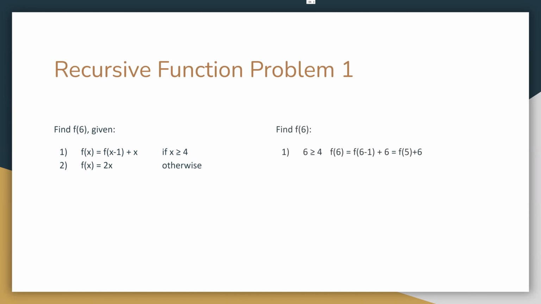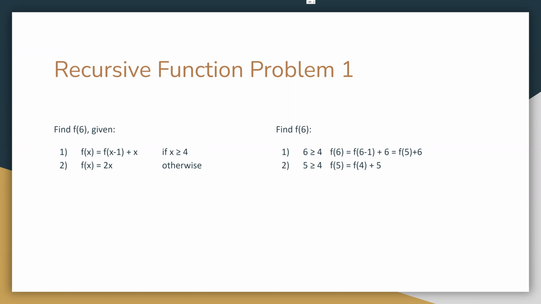Basically, what we do is we put x in place. When we evaluate, x is 6, which is greater than 4 right now. So F6 equals F5 plus 6, that's F of x minus 1 plus x. Next, we have to evaluate F5, because we don't have that yet.